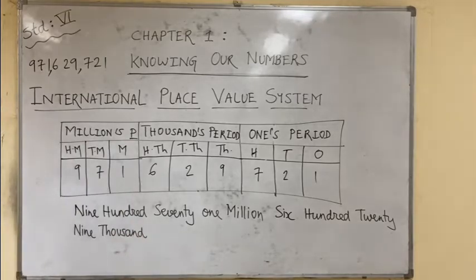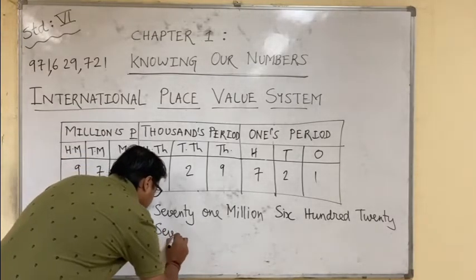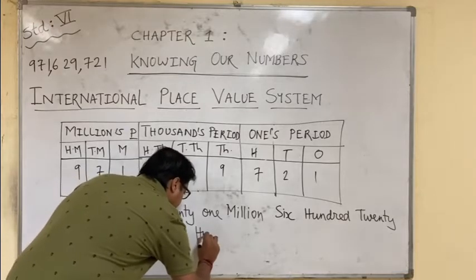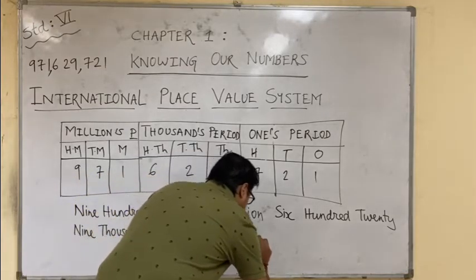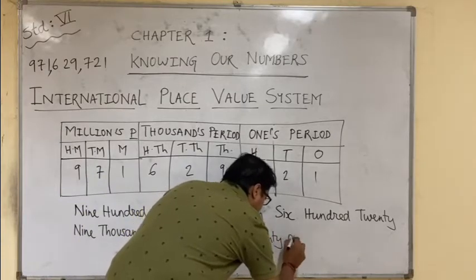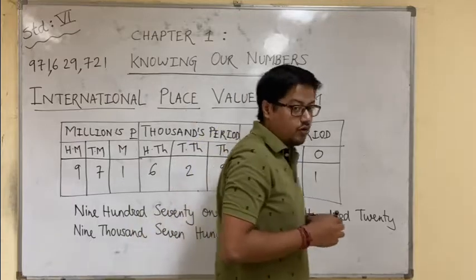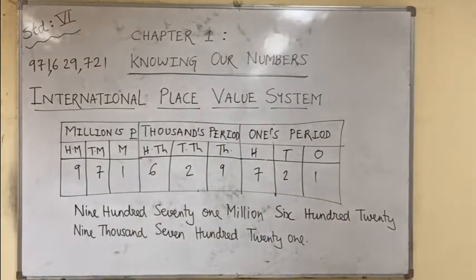Okay, 721. Okay, students, I hope you are very clear with this international place value system example.